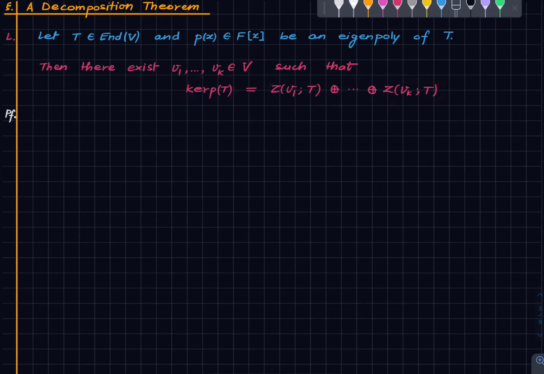So of course, even though I've written that there exist v1 up to vk in the space V, if you have to satisfy this equation, these v1 up to vk have to come from the kernel of P(T), because if this is contained in the kernel of P(T), then clearly v1 is also contained in the kernel of P(T). Okay. So it's not a very difficult thing to prove, but perhaps the way I'm going to express the proof, it may look a little bit technical.